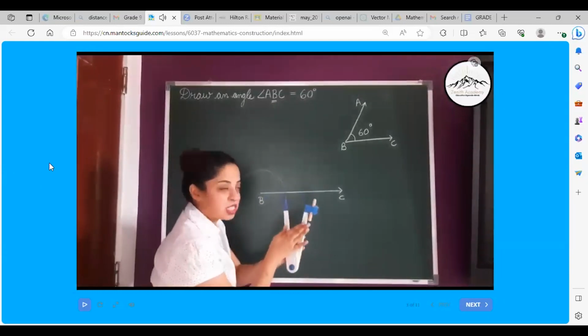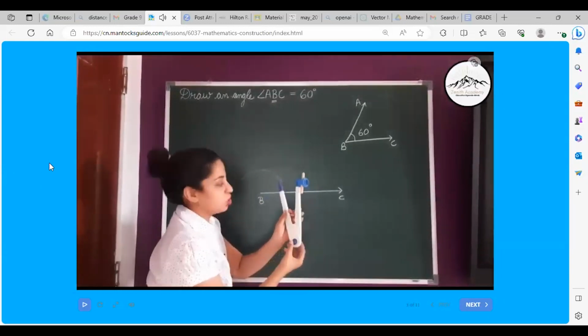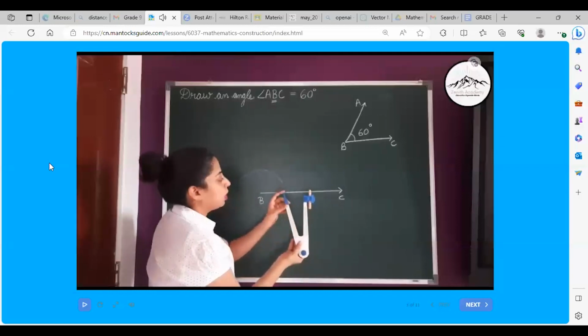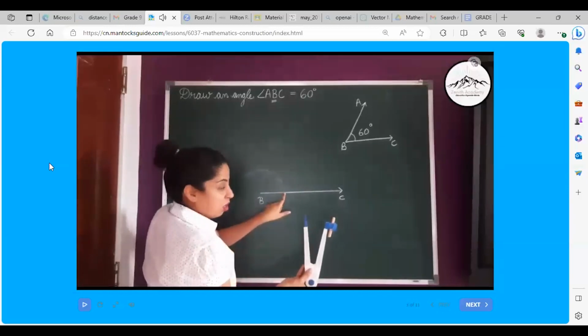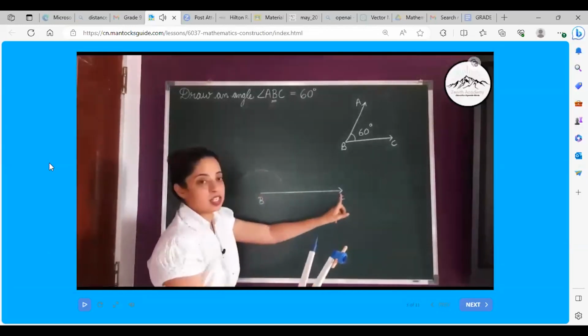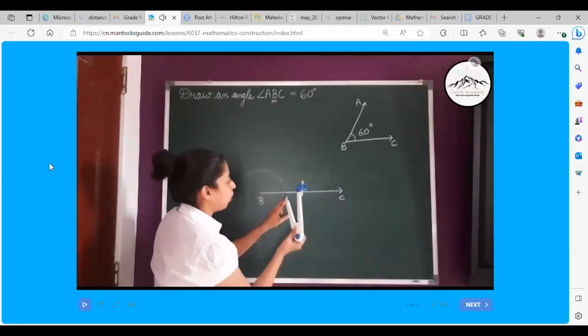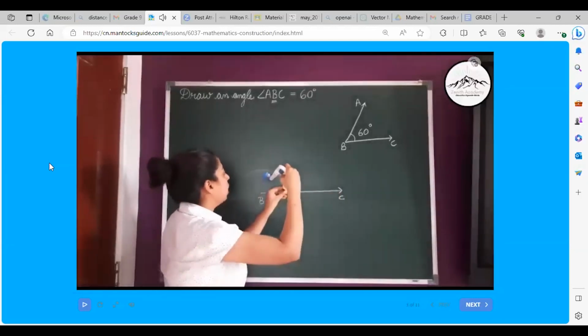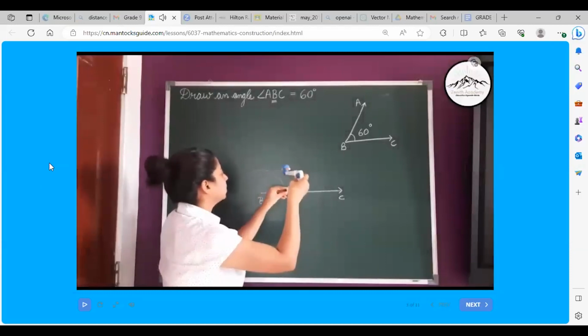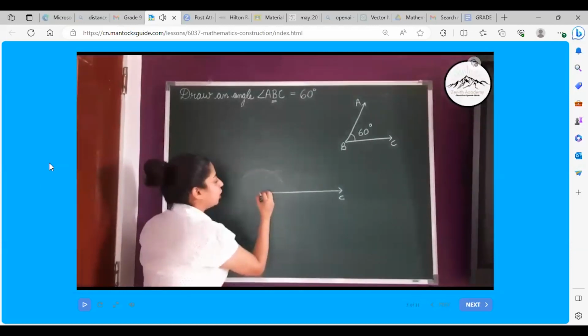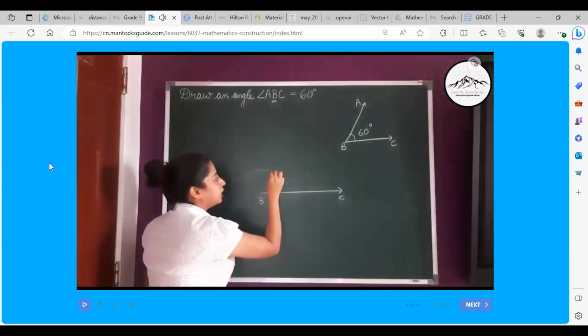Now keeping the same measure, you don't have to change this measure. Keeping the same measure, you keep this pointer where this arc has intersected this ray, and then cut your previous arc like this. Then you will join this point B and this cut.